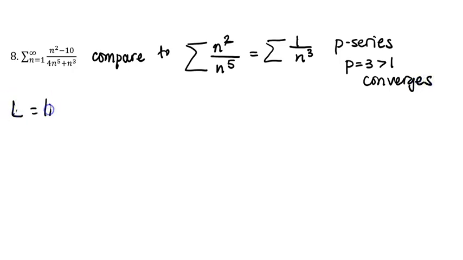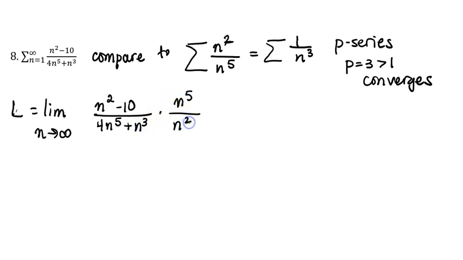So when we go to calculate L, which is the limit as n approaches infinity of the ratio of the terms of these two series, I just went ahead and did my division and changed to multiplying by the flip. Again, the degree of the numerator matches the degree of the denominator, and so we only need the ratio of the leading coefficients.